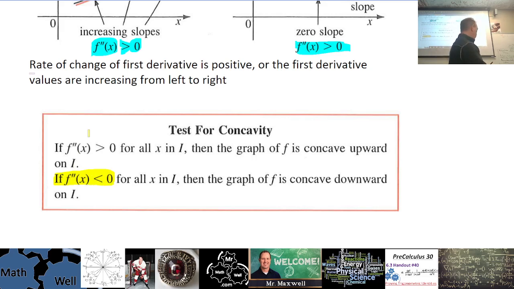So the values of the first derivative, as you look at the board here, the slopes are decreasing from positive through 0 to negative, let's say, then that means that the second derivative is negative, and that represents a concave downward section, or concave downward on the interval. Just like if the second derivative is positive, then the graph is concave up on that interval. I'll just pause there, let you copy that down, and let me know if you have any questions about that.